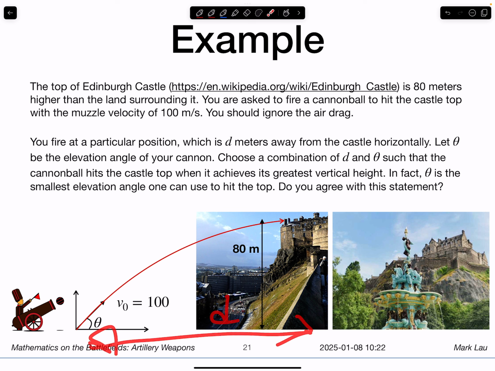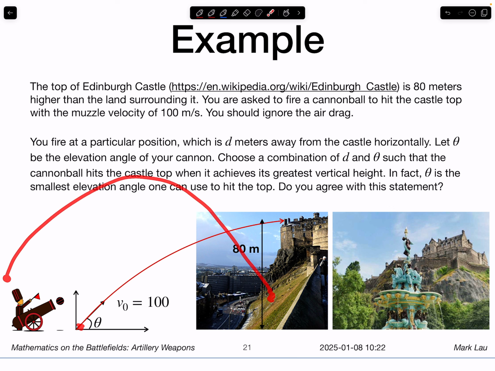Let theta be the elevation angle of your cannon. Choose a combination of d and theta such that the cannonball hits the castle top when it achieves its greatest vertical height. Okay, so our target is when the ball, so here's the trajectory of the entire projectile, right?